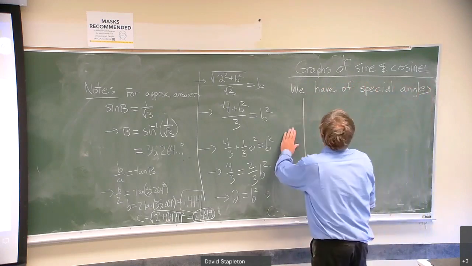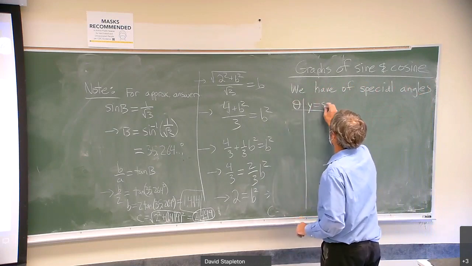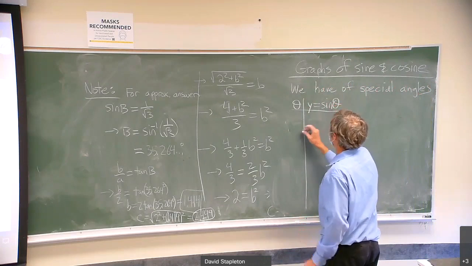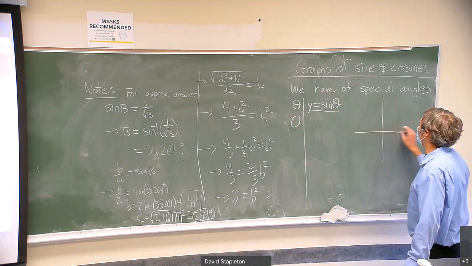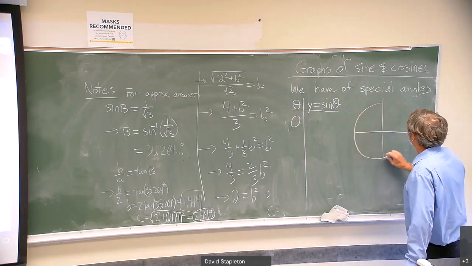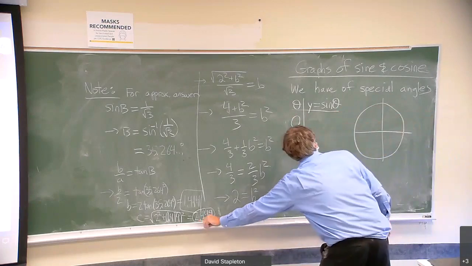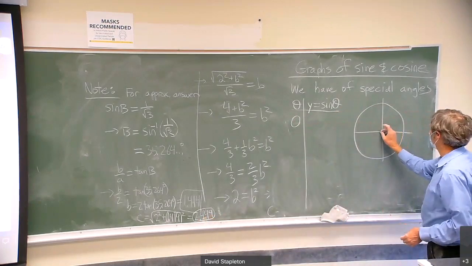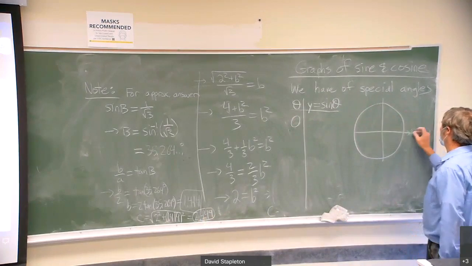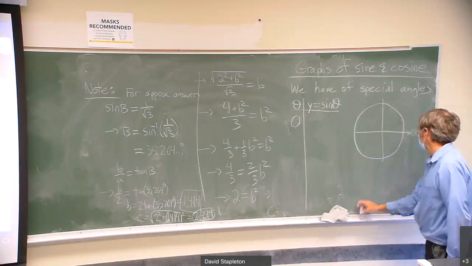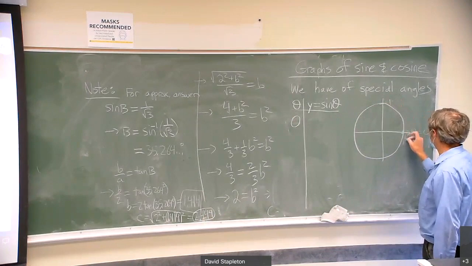Suppose I put theta versus y equals sine theta. What do I get if I put theta equals 0? I can run to the unit circle and do it there, because remember we said all these trig functions are defined by the unit circle. You start out by putting a terminal ray at theta equals 0, and you go 1 unit out on the circle to the point 1, 0.